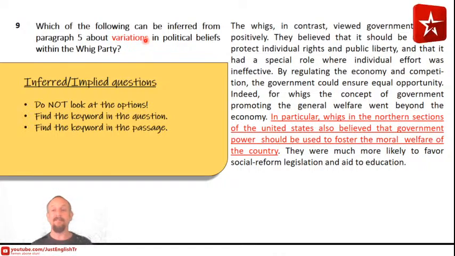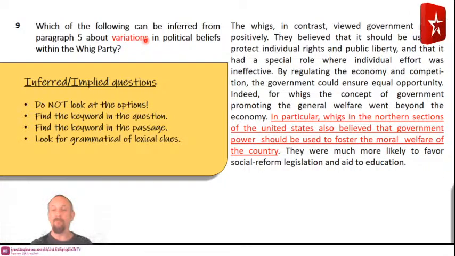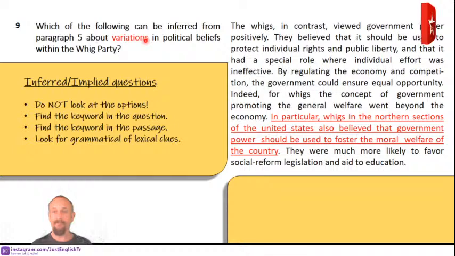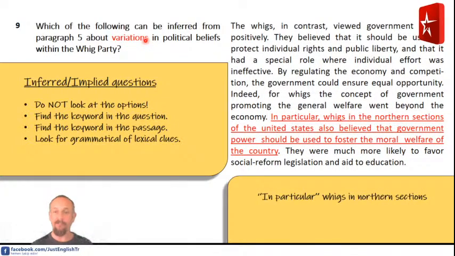So I know this is the sentence that I need, and I'm going to look for some quick grammatical clues here. Whigs in the northern sections, in particular, especially: we have an idea of area. They also believed: we have this grammatical structure where connecting ideas with also is used to emphasize extra information.